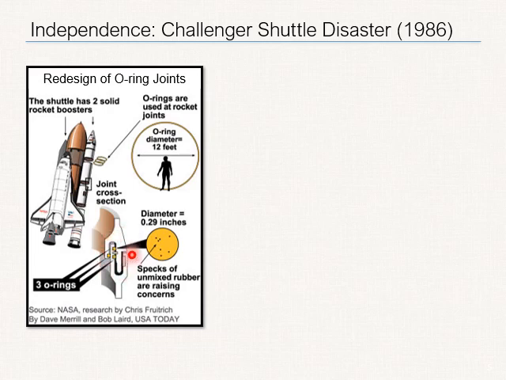This is the new redesigned O-ring joint using 3 O-rings. The original design only had 2. It was discovered that the O-ring joints were losing their seal and letting gases escape, and that is what caused the Challenger explosion.